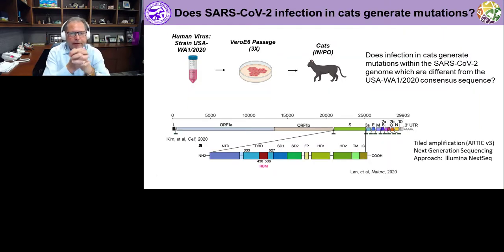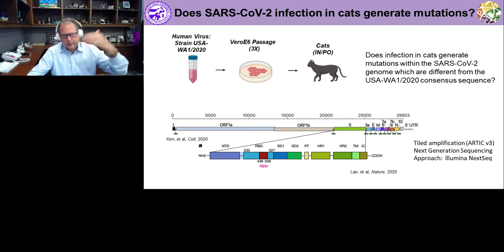So an important question for us was to determine whether SARS-CoV-2 infection in cats can generate adaptive mutations. To remind you how these studies were done, we used the strain USA-WA1/2020, passaged it 3 times in Vero E6 cells, and then we infected cats.